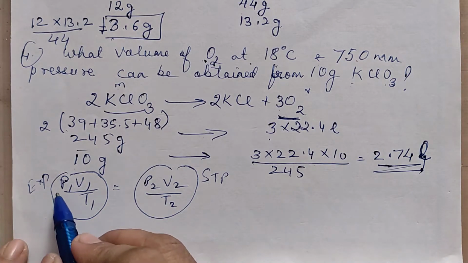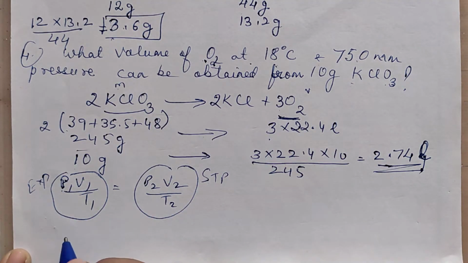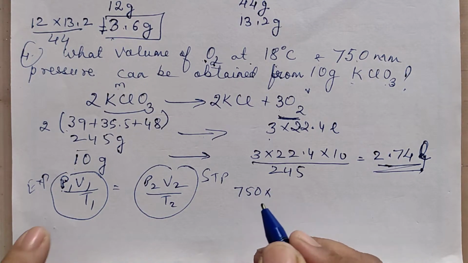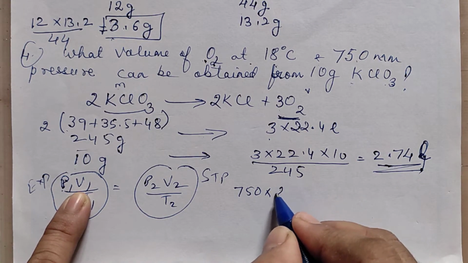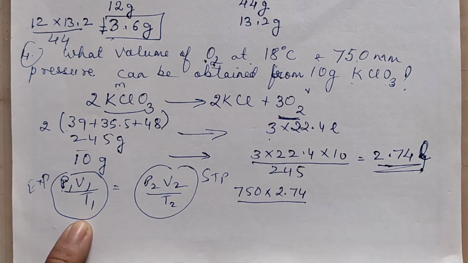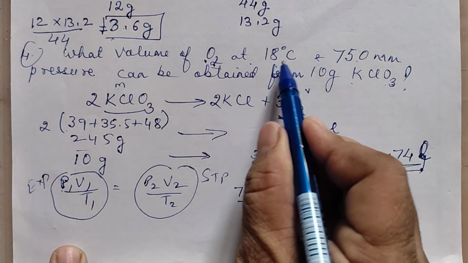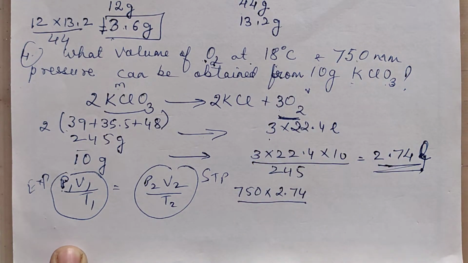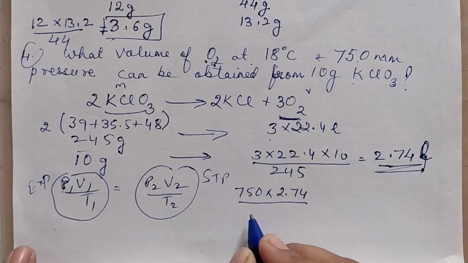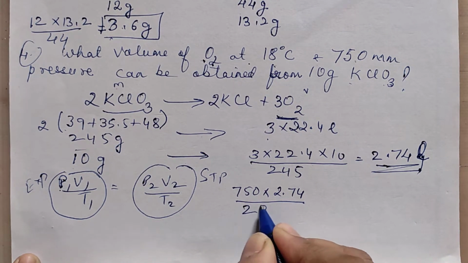So experimental condition, what is the pressure? It's given 750. And what is the volume? We have calculated just now 2.74, divided by the temperature. We have to convert Celsius into Kelvin, so you add 273 to it, and you get 291.